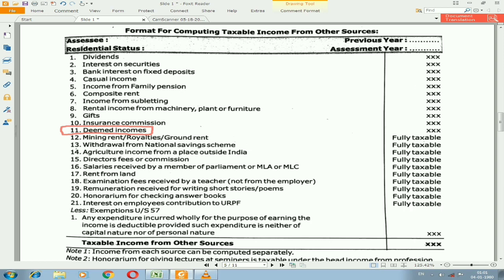So if any money is spent by the assessee or received by the assessee, and he is not able to give reasons or an explanation of where it came from or through which source it came, then that kind of income will be considered under deemed incomes.